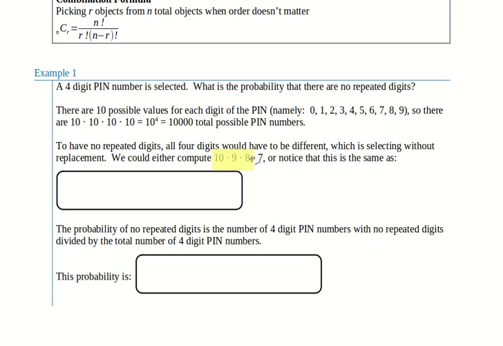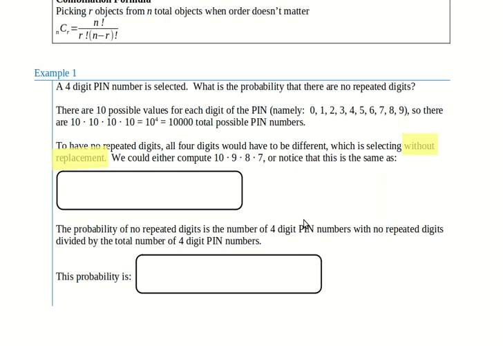Now there's 2 digits that are taken out of use, so there's only 8 choices for the third digit. And now there's only 7 choices for that fourth digit because the previous 3 have already been used. So you can think of this as choosing without replacement. So we're not putting a number back when we're taking it. It's another way of thinking of this exact same idea.